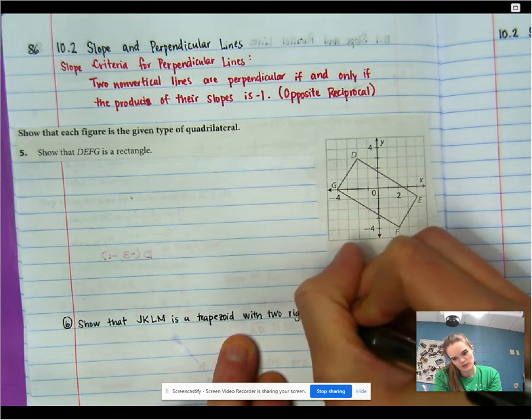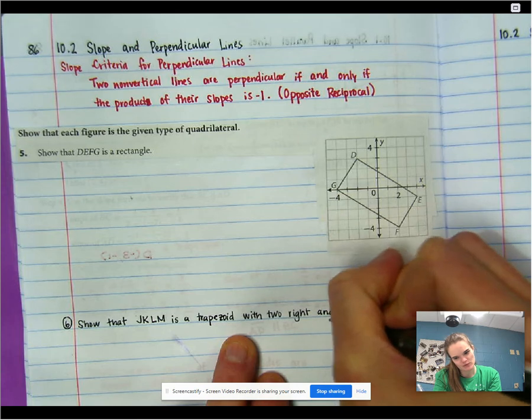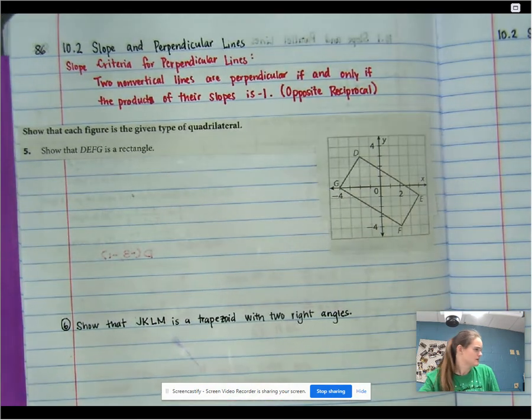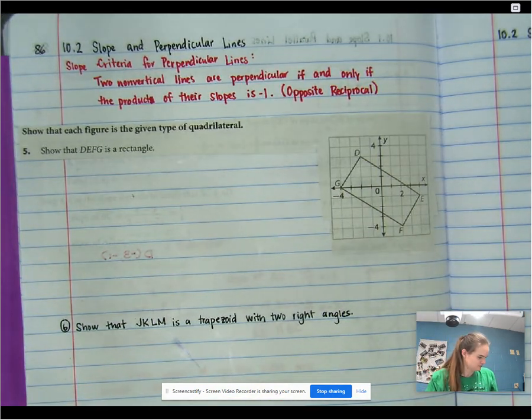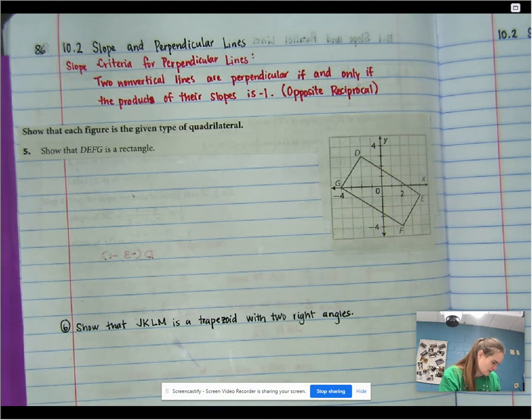And then we'll get that picture from the back of what we just cut out. So JKLM, the trapezoid, is on the other side of what you just cut out.